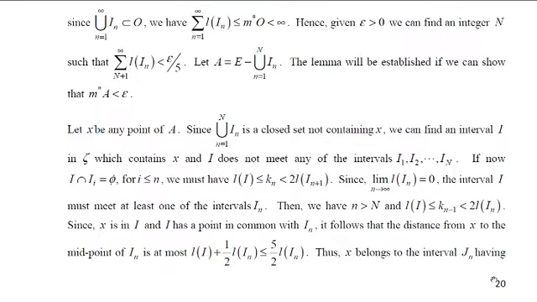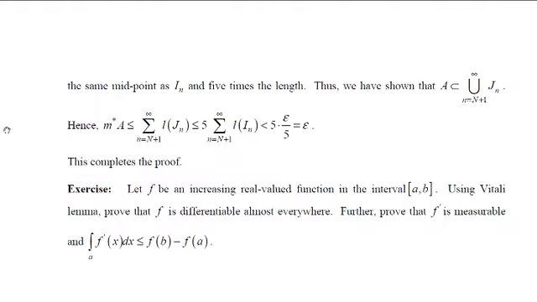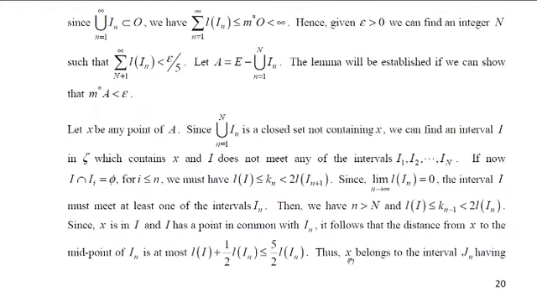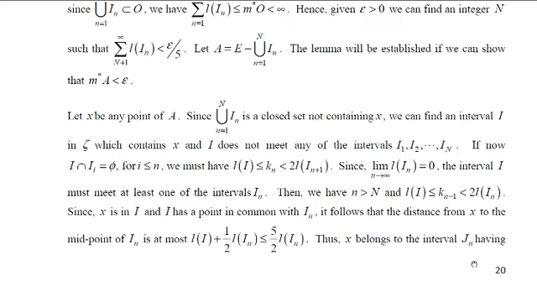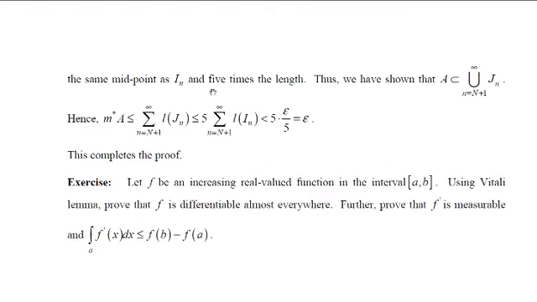That is, Jn and In have the same midpoint, and x belongs to Jn. Remember, your x is coming from A and x is present in Jn, therefore x is present in this union where n runs from N plus 1 to infinity.